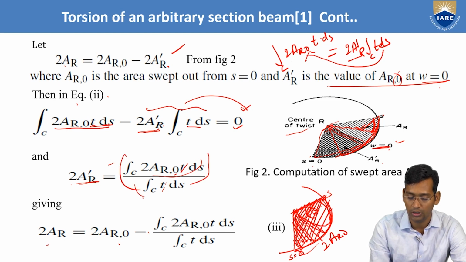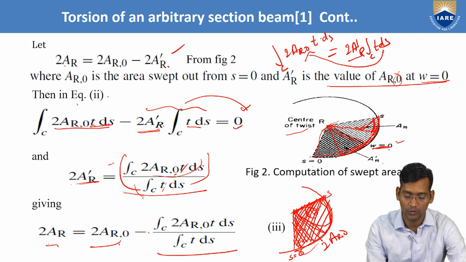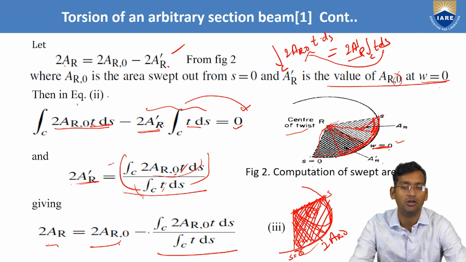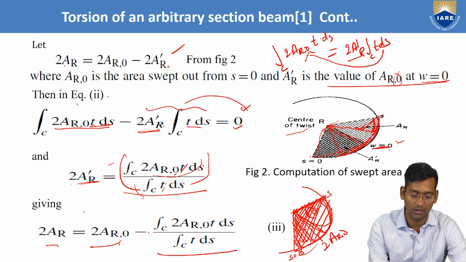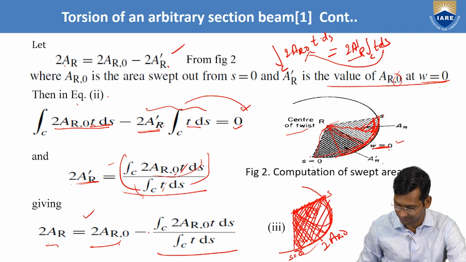So you are giving 2AR equals 2AR naught minus this whole thing as 2AR dash. So this 2AR dash, that is 2AR, becomes 2AR comma 0 minus integral of C 2AR comma 0 or R naught TDS by integral of C, T, D, S. So this will be the value of 2AR, right? This area.